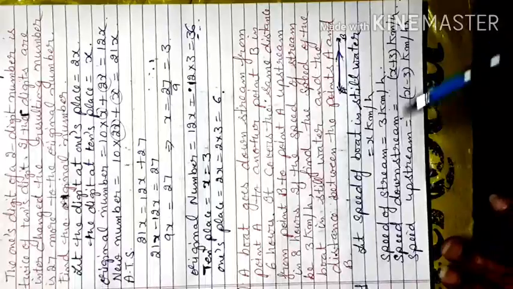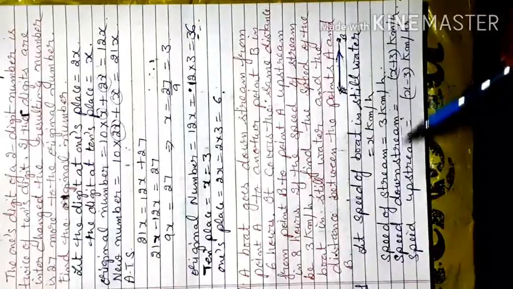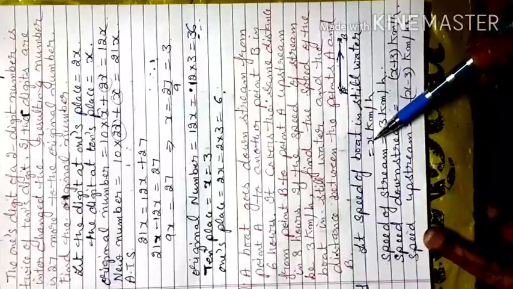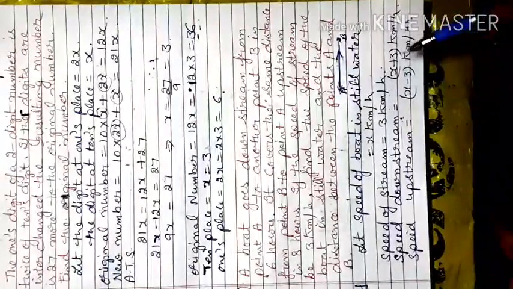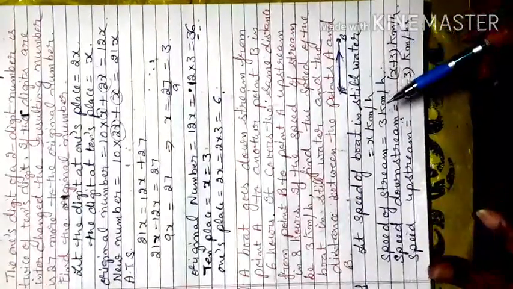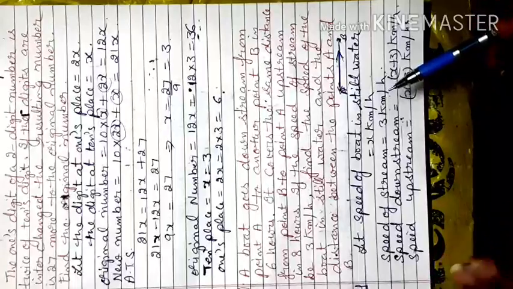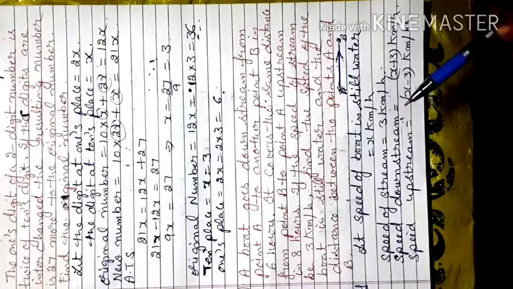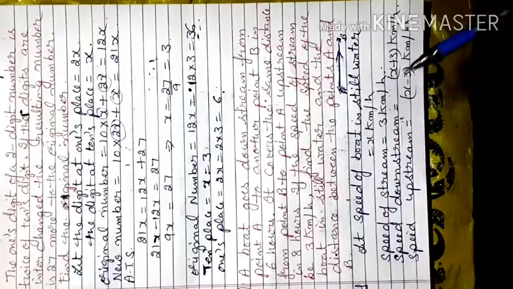So that means the speed of the boat in downstream, because the still water speed is also added in that. The speed of the boat, if there was no flow of the water, what was the speed of the boat without the flow of the water?